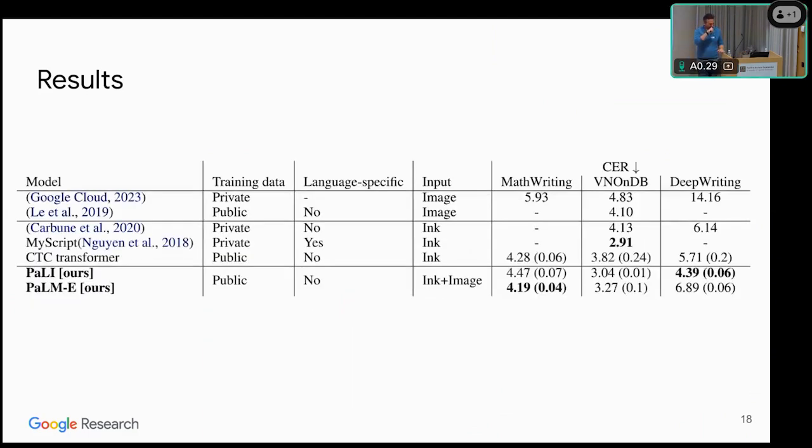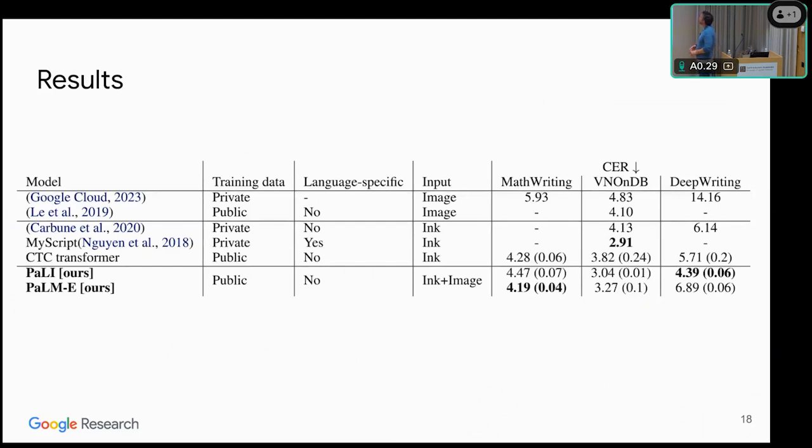Some more results. So these are different models. Most of these are what I would call classic models, aside from the two bottom ones, which are the ones that I just described.